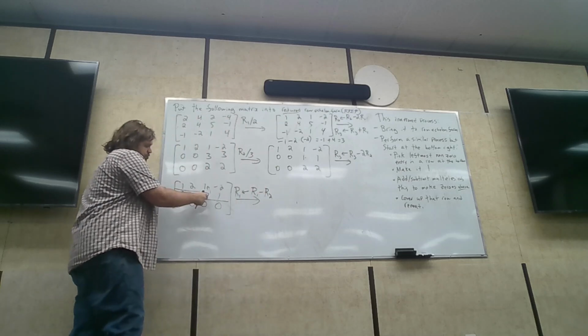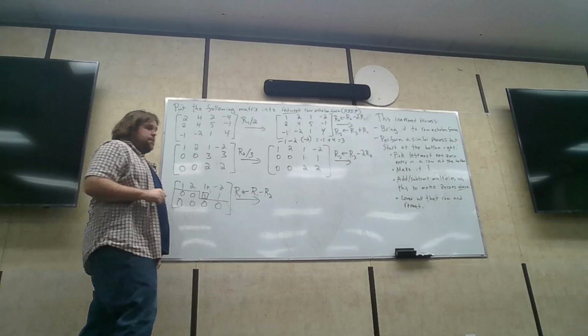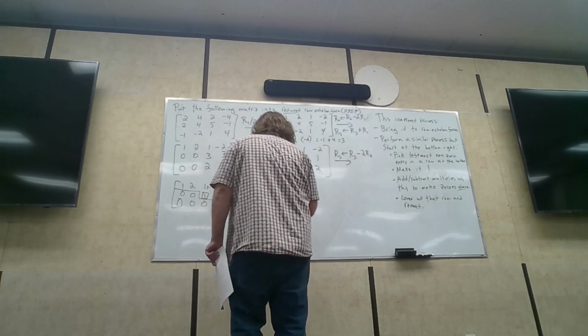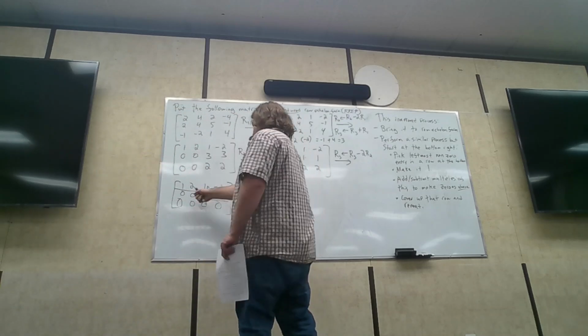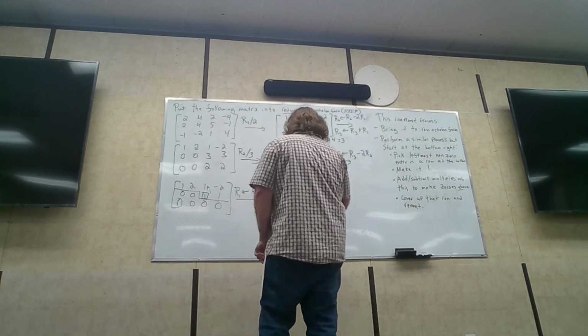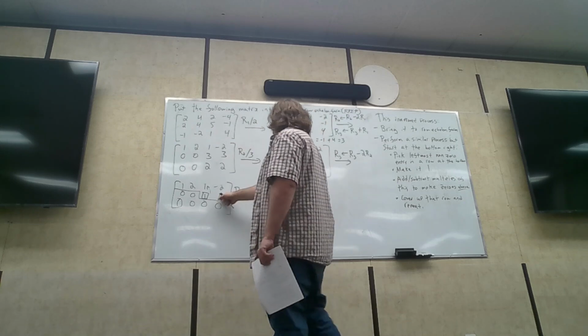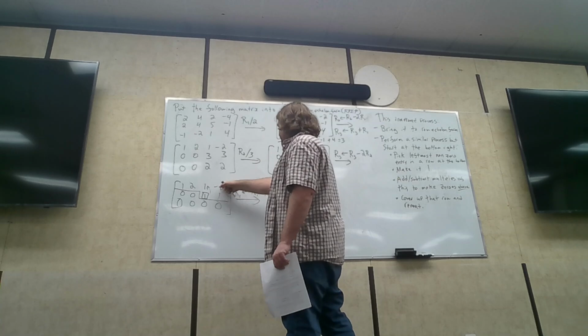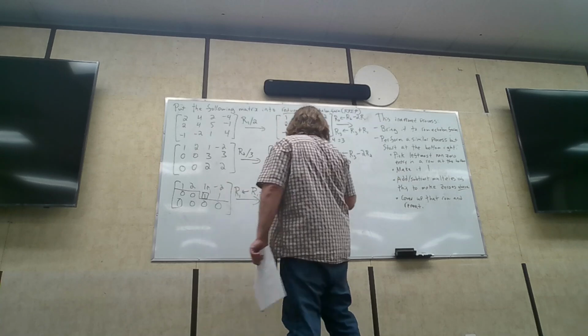We're going to subtract this thing from this to make a 0 up there. 1, 2, these don't change because that's 0. We know that's a 0. We're taking this minus that, so minus 3.